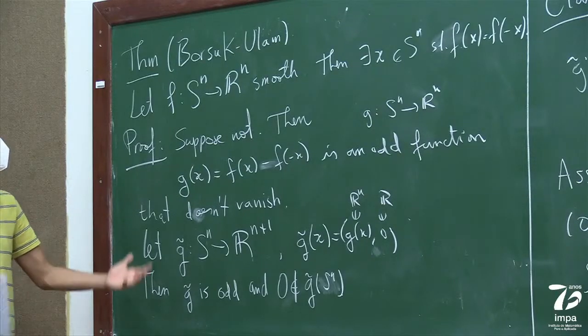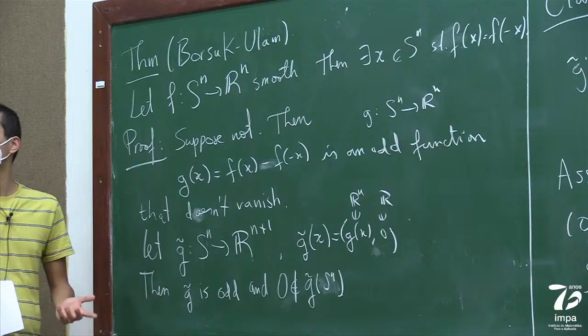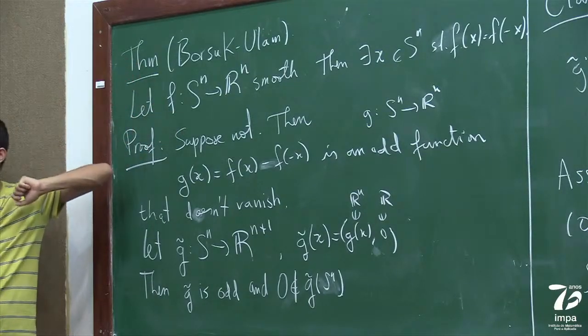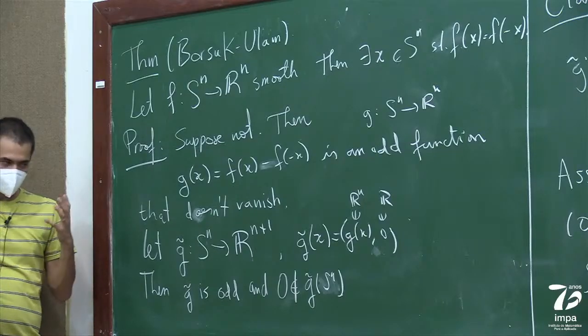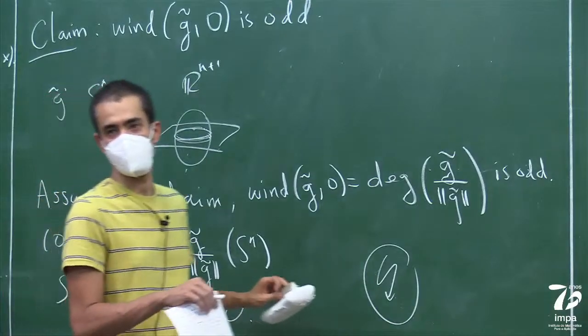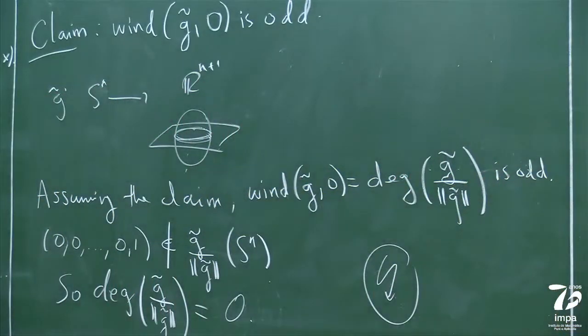Some people just say that's the Borsuk-Ulam theorem, like it's equivalent to the original theorem. But the original theorem is kind of prettier, and it's easier to see applications for it, or at least remember the statement. And it was the original formulation.